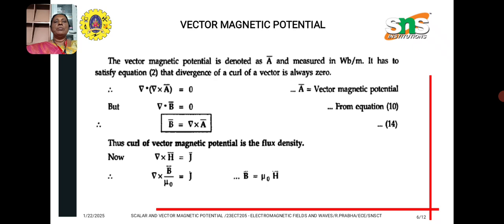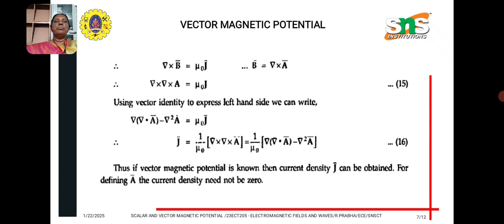Del cross H is equal to J, and replacing H as B by mu naught, we get del cross of B by mu naught is equal to J. And now del cross B is equal to mu naught into J, and substituting B as del cross A, we can modify the previous equation as del cross del cross A is equal to mu naught J. Using a vector identity to express the left hand side, del cross del cross A is equal to del into del dot A minus del squared A. By substituting, we can equate this to mu naught J. So finally we can write the expression for J as 1 by mu naught del cross del cross A is equal to 1 by mu naught del into del dot A minus del squared A. Thus, if vector magnetic potential is known, the current density J can be obtained.